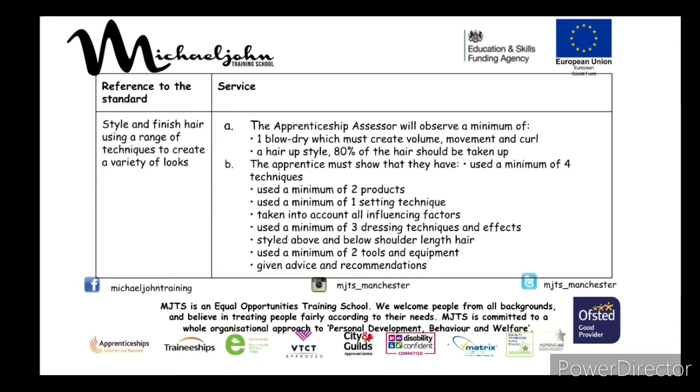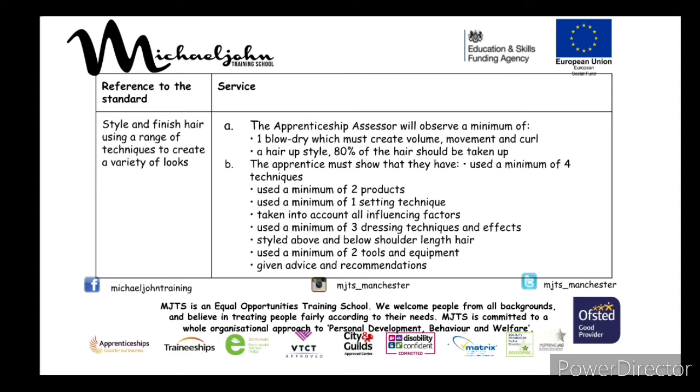You'll see specifically here that it makes reference to hair that is styled above and below shoulder. Taking into account the minimum must be 2 models. If you choose to use only 2 models during the endpoint assessment, you must ensure that one has hair clearly above the shoulder so that you can demonstrate your styling techniques here on that model, and one must be below shoulder.